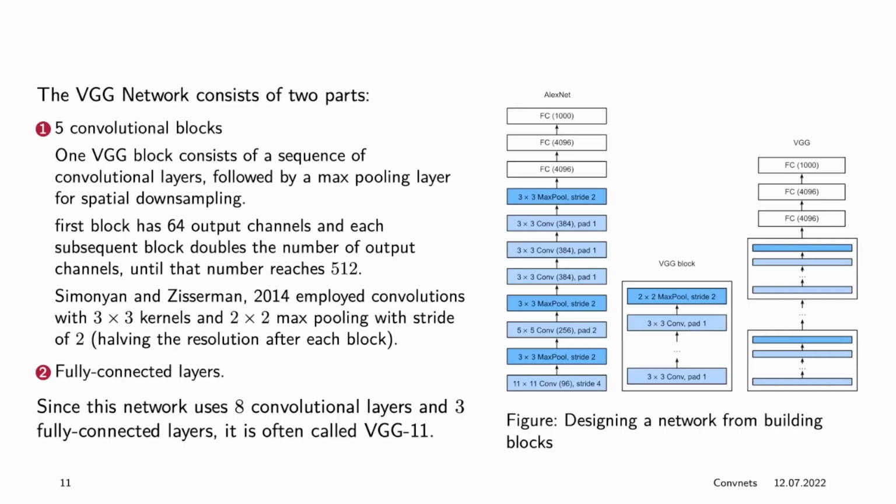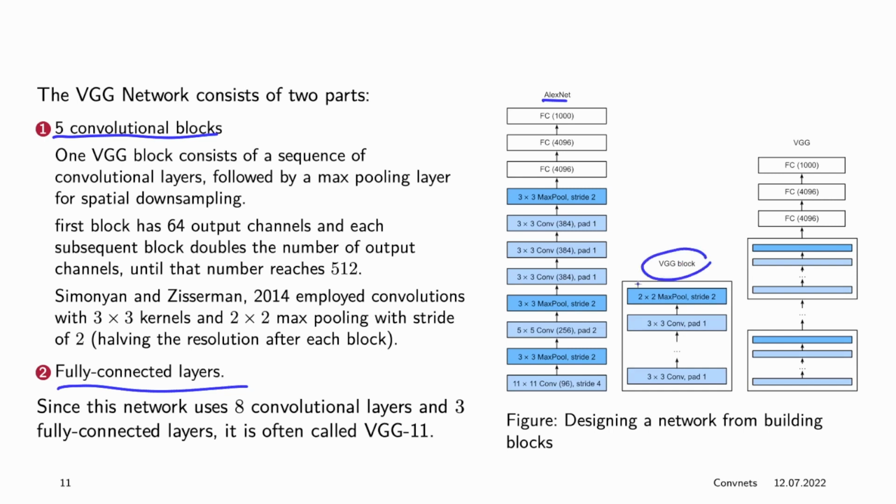Their so-called VGG network used blocks as repeated structures that were implemented using loops and subroutines. The VGG network consists of two parts. The one are 5 convolutional blocks and the other one are fully connected layers. Here we see a comparison of AlexNet with its convolutional layers and a single block of the VGG.